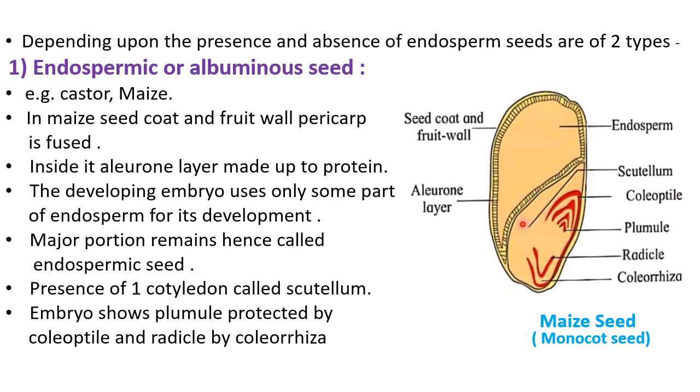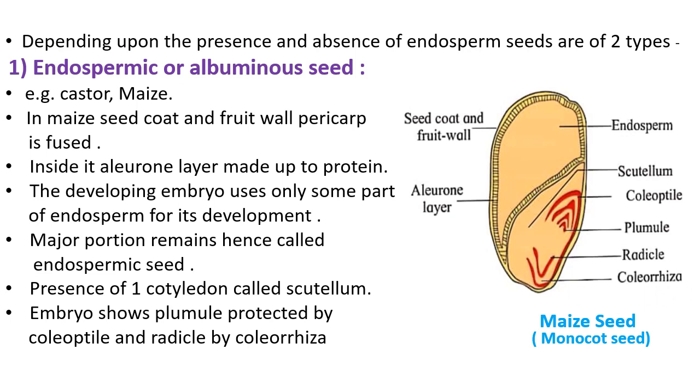Then at the lower side of the scutellum, the embryo is present. Embryo shows presence of plumule, which is protected by a tissue called coleoptile. Then lower to the plumule, a radicle is present, and radicle is protected by a tissue called coleorhiza.